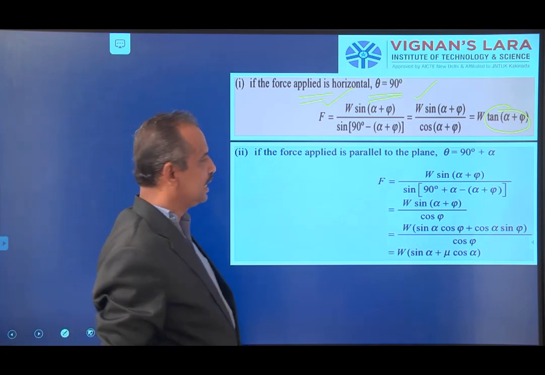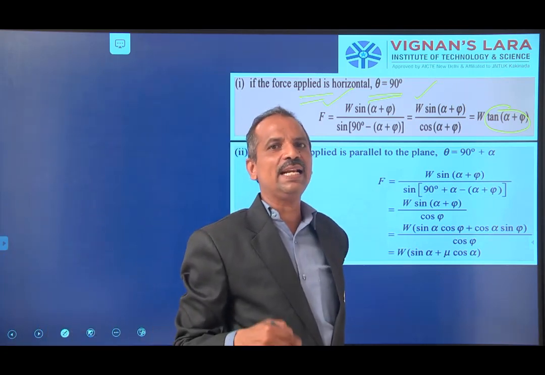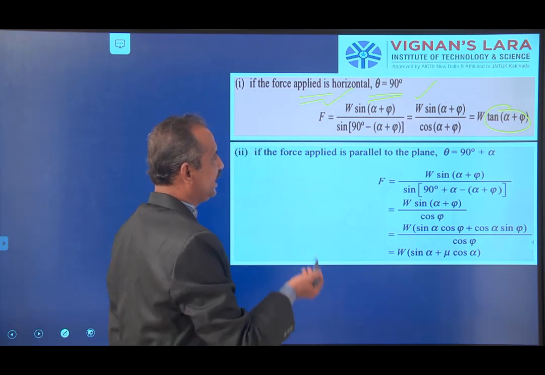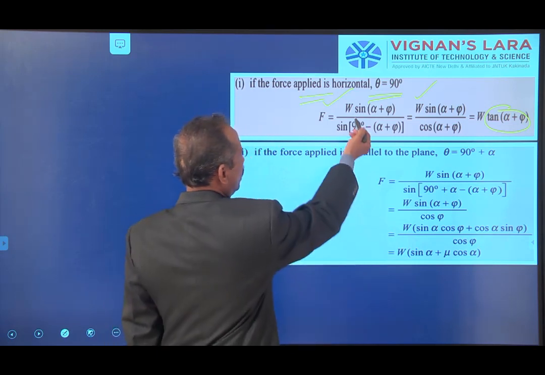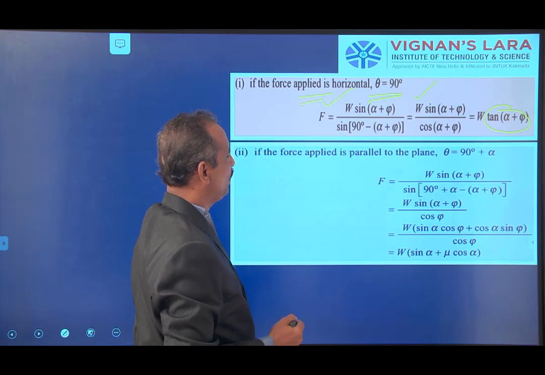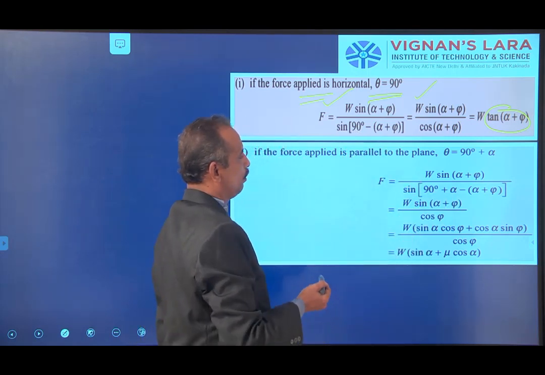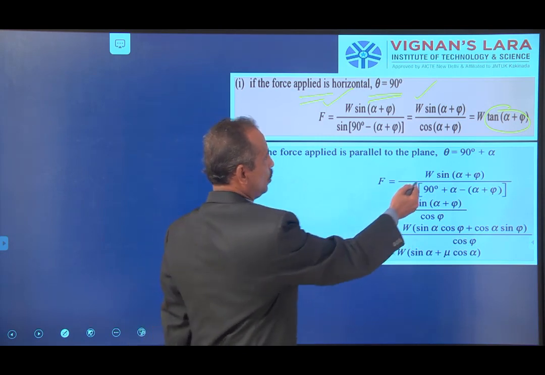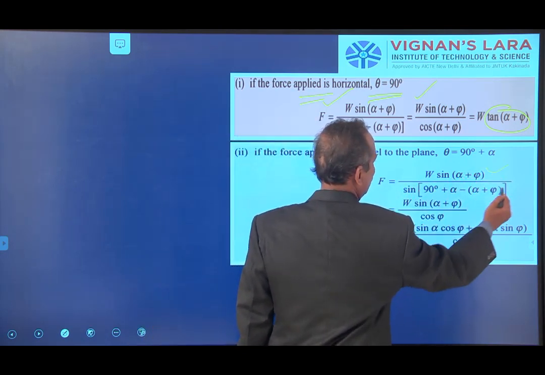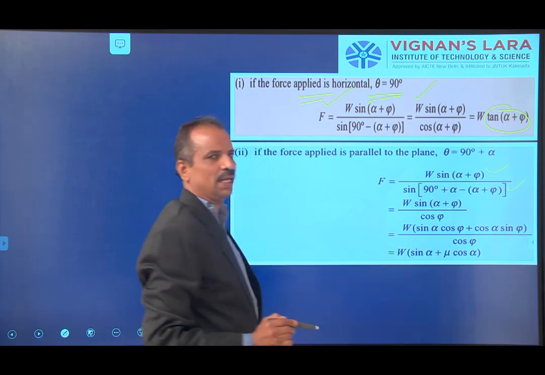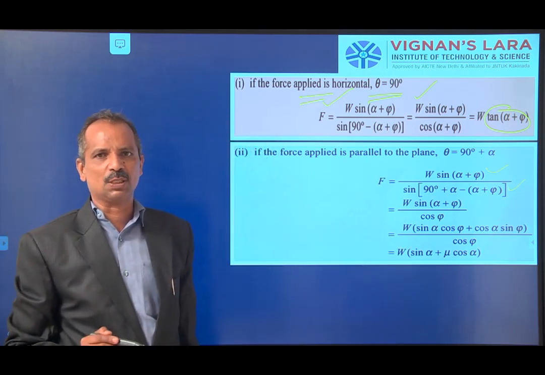Then what is the other case? Theta is 90 plus alpha. In place of 90, now I write 90 plus alpha. My equation, F is W sin(alpha plus phi) by sin(90 plus alpha minus (alpha plus phi)).